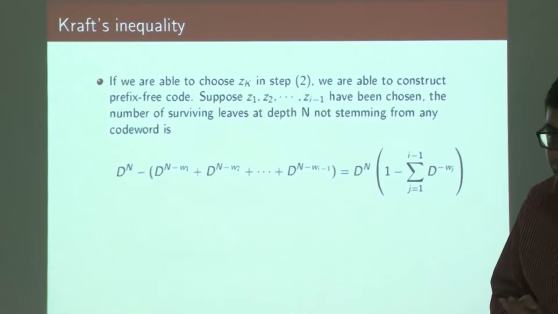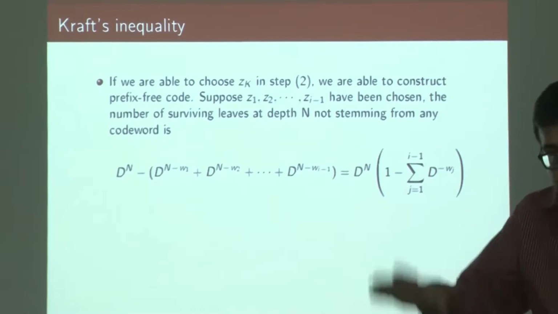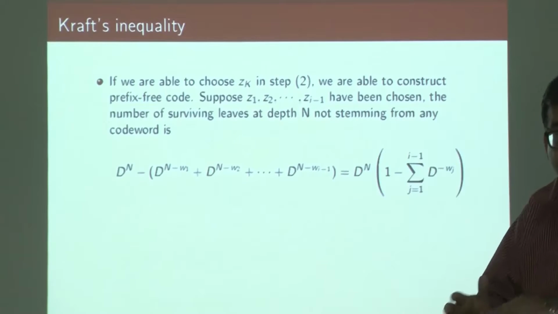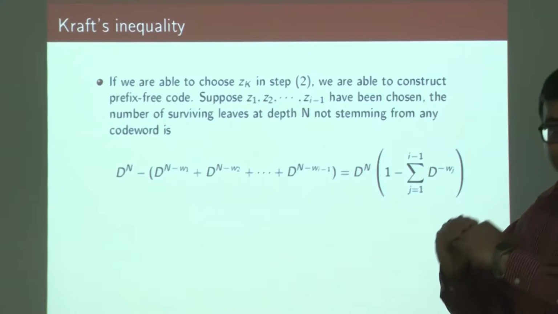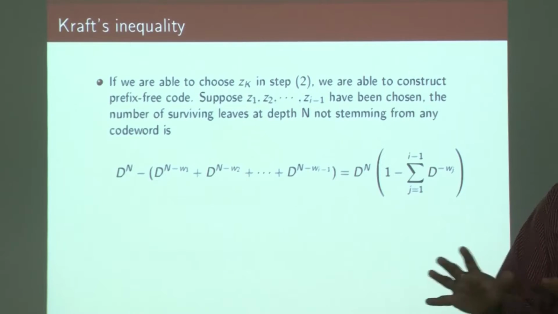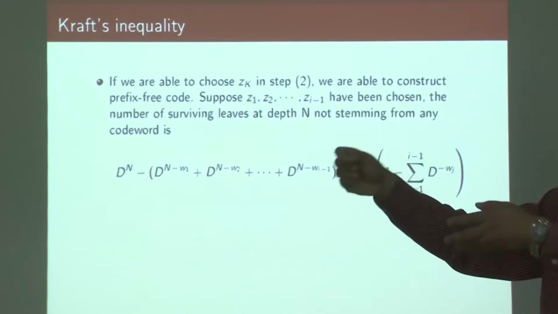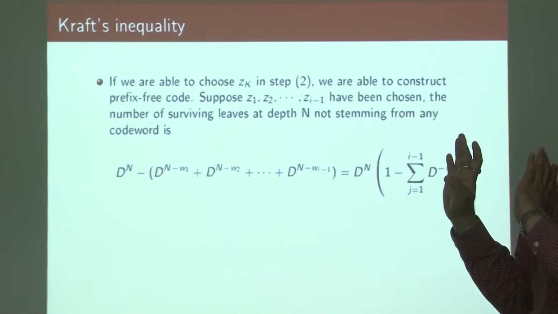So what I have shown you is that the algorithm I proposed for mapping these code words of length W1, W2, up to Wk to a D-ary tree will be successful up to i equal to k, correct.